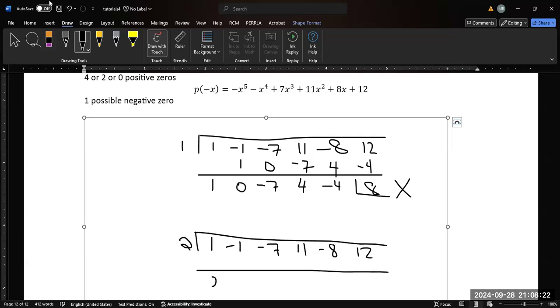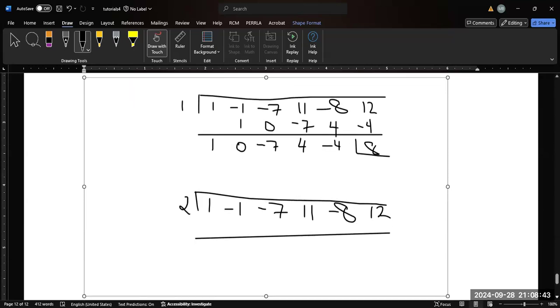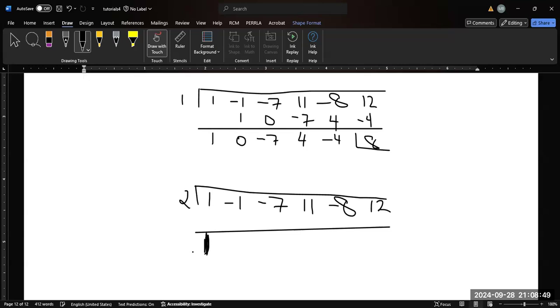Bring down the, oops, that deleted too much. Try again. Not a lot of space to draw, but we bring down the 1.